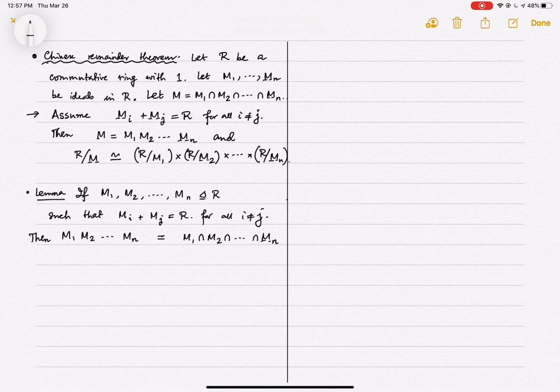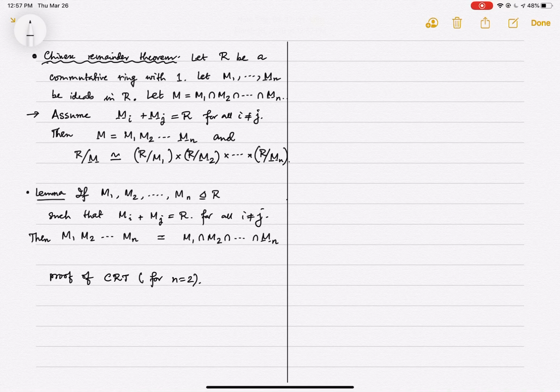Now, let's try to prove this CRT for n equals 2. The general case is written in the notes. So what I want to show is, what's the setup?